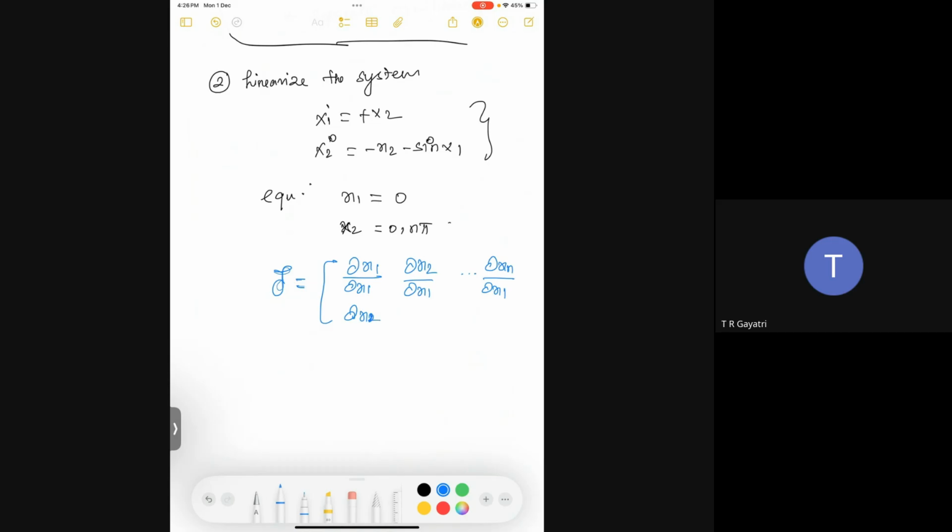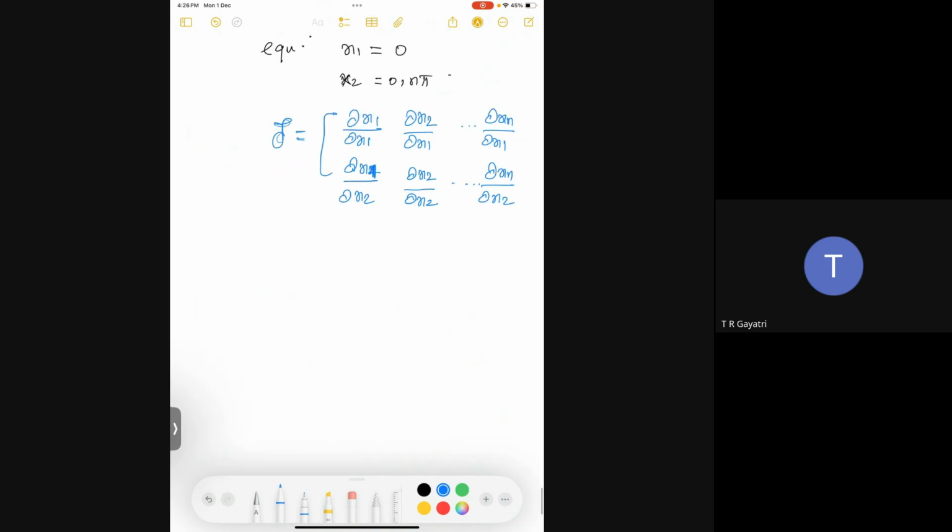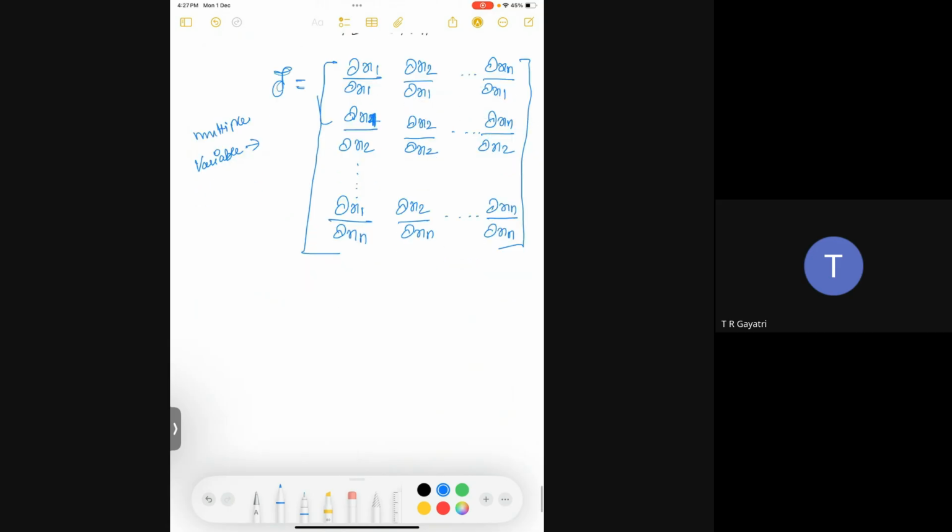Similarly, dou x1 by dou x2, dou x2 by dou x2, until dou xn by dou x2, and so on, until dou x1 by dou xn, dou x2 by dou xn, until dou xn by dou xn. Why do we use dou instead of d? Because there are multiple variables, so we are using partial derivatives instead of ordinary derivatives. So this is your Jacobian matrix.